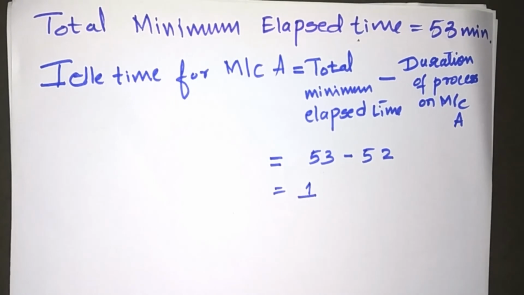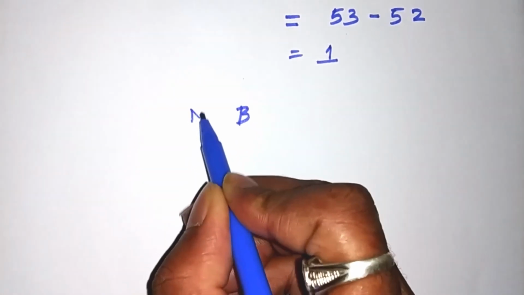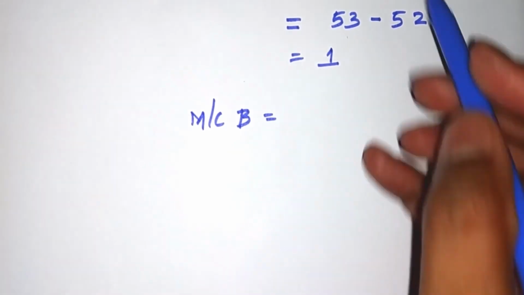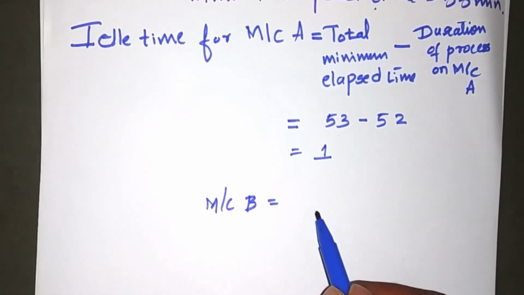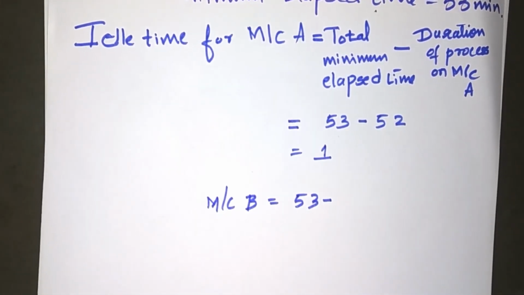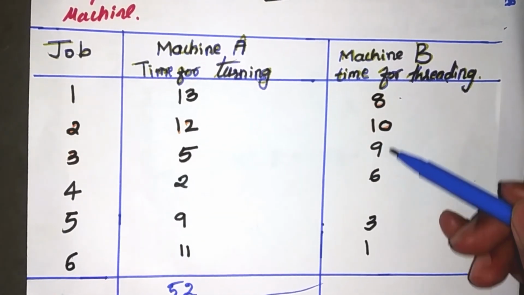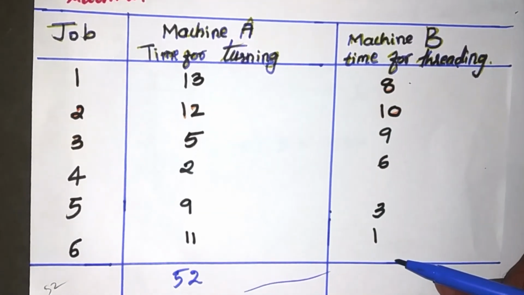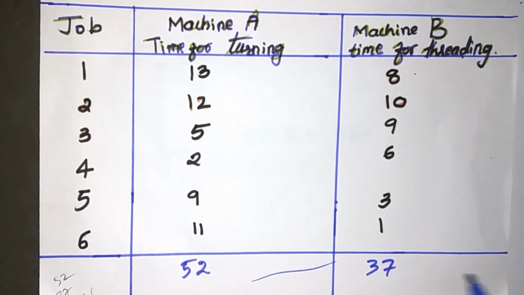Now we will do it similarly for machine B now. So for machine B, the same formula again I'll be using. The total minimum elapsed time I got as 53 minus the duration on machine B now. For that again I need to add this. We have to add the total time for machine B. If I add this, I'll get 37 minutes.